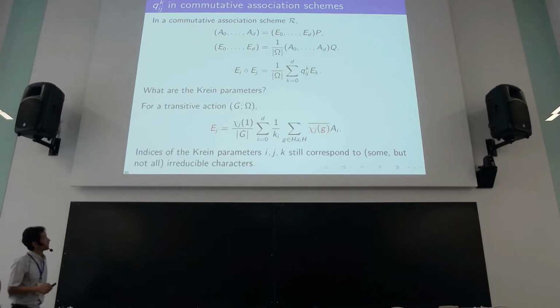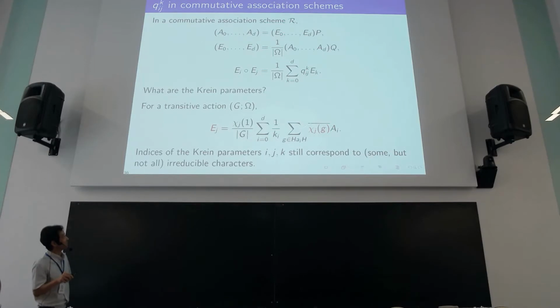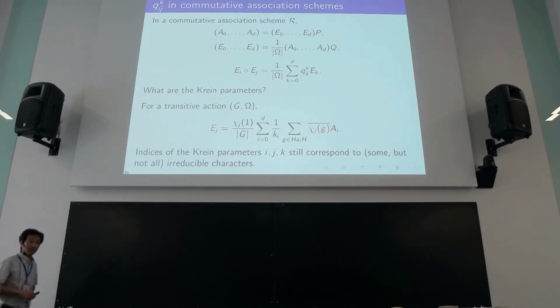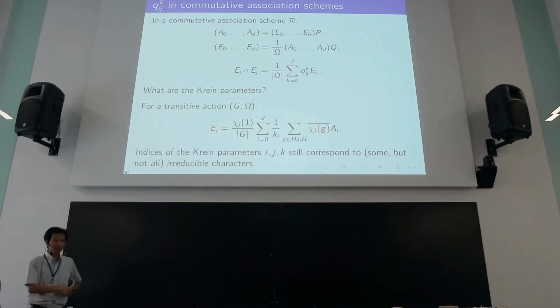So from this formula, or from more abstract theory, you see that the primitive idempotents are indexed by j, and this index also appears in this particular place, that is, the irreducible character. I think I already explained that because the algebra of the representation is a homomorphic image of the group algebra, you get a partial correspondence between the central primitive idempotents of the group algebra and the primitive idempotents of the centralizer algebra.